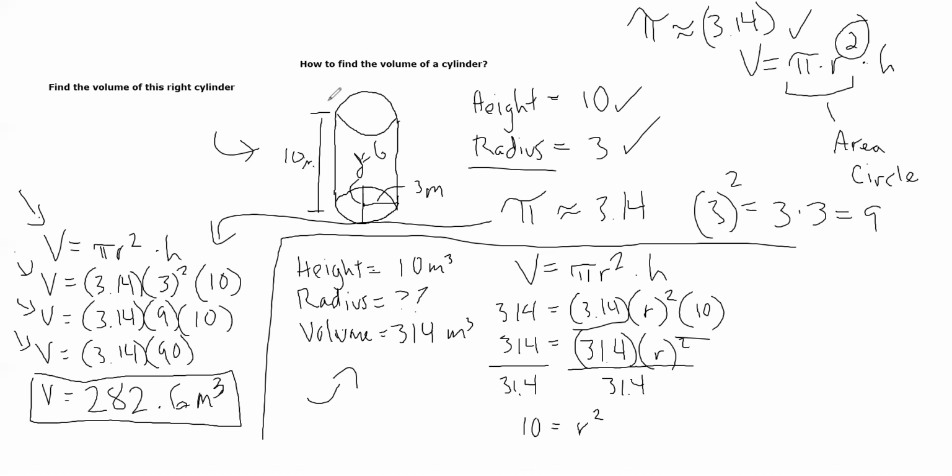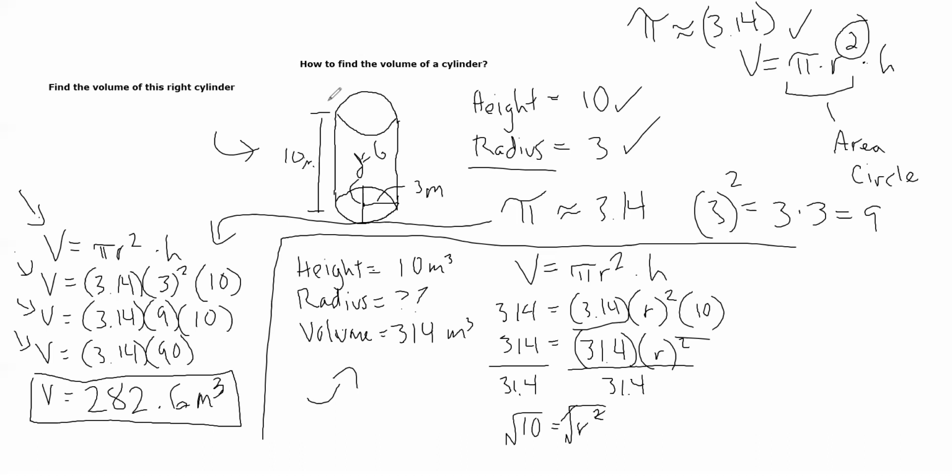Whenever you run into an R squared is equal to something, remember, we're going to have to get rid of that square. We just want what regular R is, right? The opposite of a square is a square root, so that this can cancel out with this. Now we need to find out what the square root of 10 is, right?